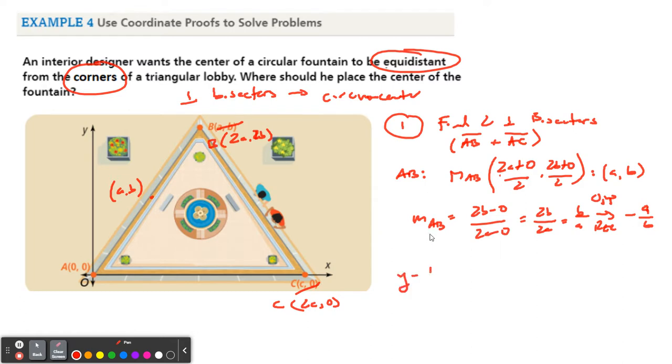Y minus B equals negative A over B times X minus A. We're going to distribute this slope. So Y minus B equals negative A over B X plus A squared over B. And then we need to add B to both sides. When I add B to both sides, it's a B over 1.